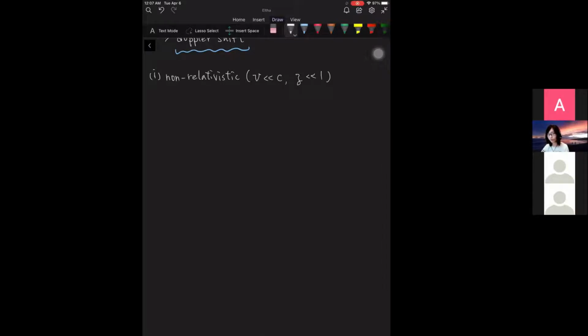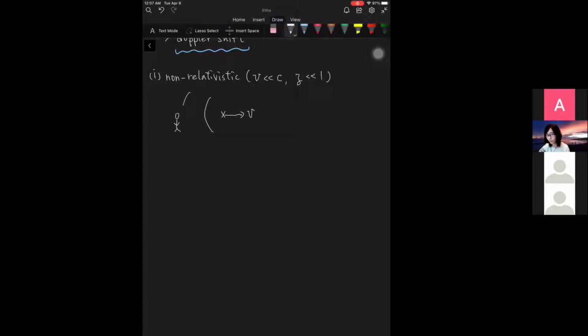So to use Doppler shift, let's illustrate this. Let's say there's a source of light wave moving away from us with a velocity v. Let's say we are here, and the source of light will emit a wave crest, right?